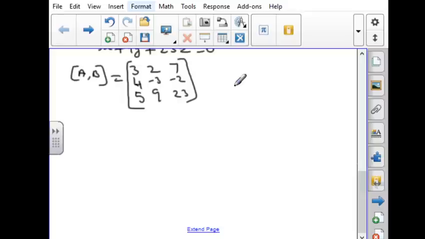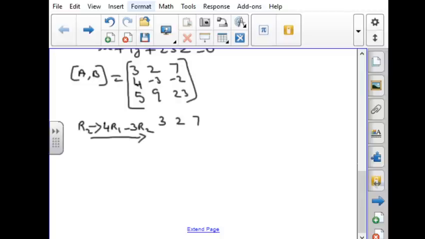To make this element 0, we take R2 as 4R1 minus 3R2. The first row we write as it is: 3, 2, 7.